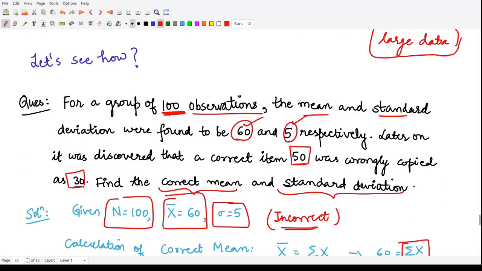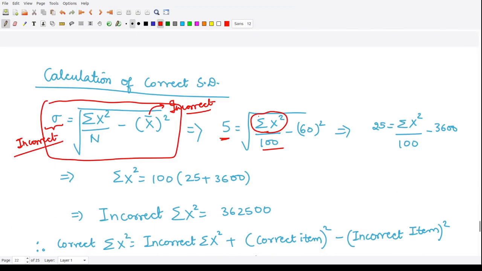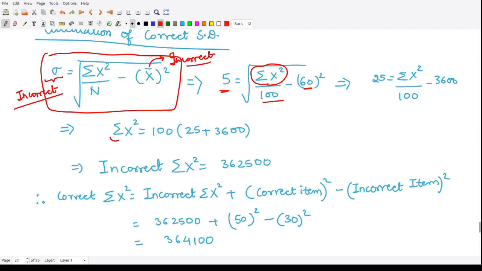So using this, you substitute it here, and accordingly you can calculate this summation x square. That comes out to be 362500, which is the incorrect value of summation x square.